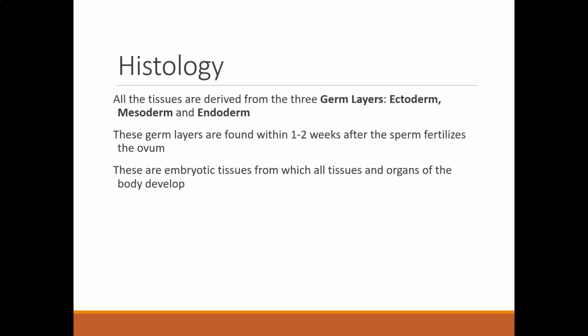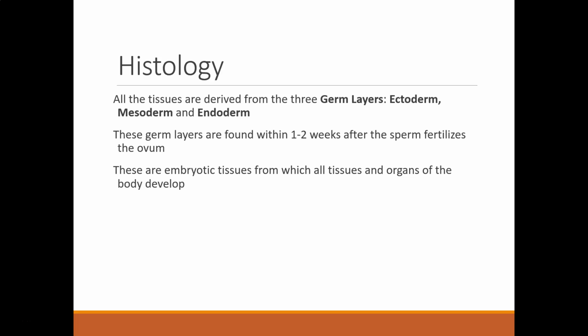And as it moves through development of 1 cell to 2 to 4 to 8 and so forth, within about 1 to 2 weeks after that sperm has fertilized the ovum, we start to get what are called germ layers. The best way to explain germ layers is germinating or creating; everything grows out of these 3 layers, and there are 3 of them. The ectoderm that surrounds everything, the mesoderm that's in the middle, and the endoderm that is the deepest.